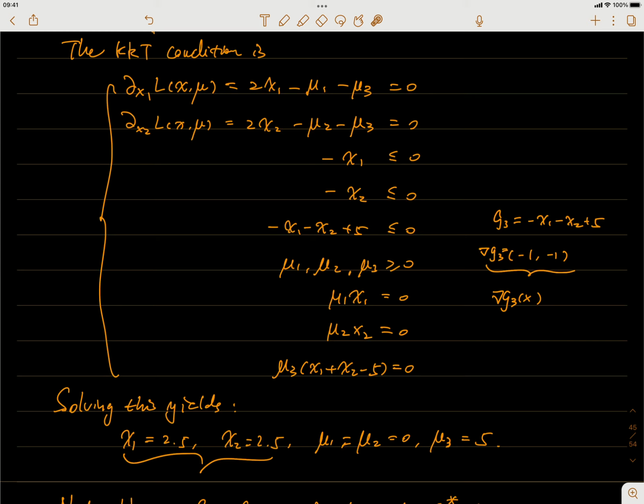That is what happens in practice. As a practitioner, if you see a constrained optimization problem, you just follow the steps. You know what the KKT condition is, and what properties a local minimizer should satisfy.